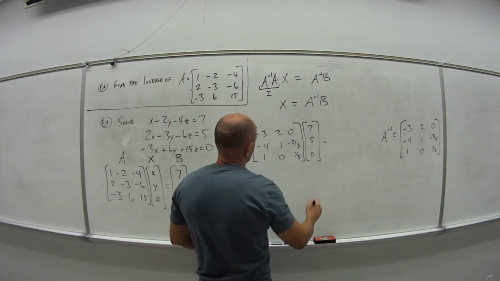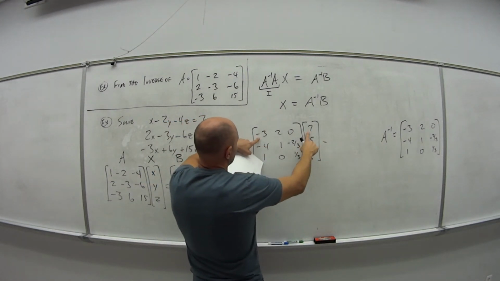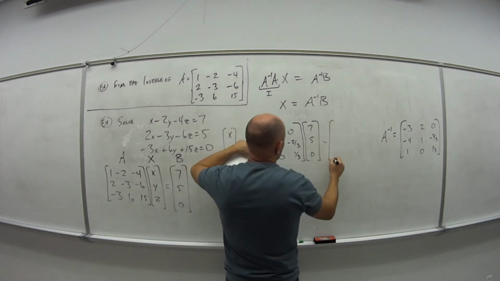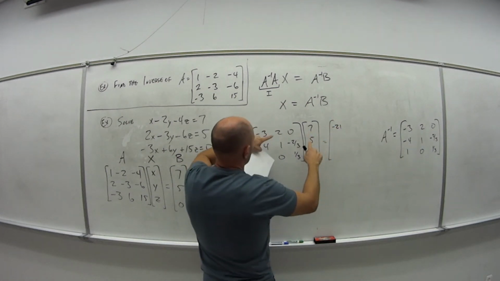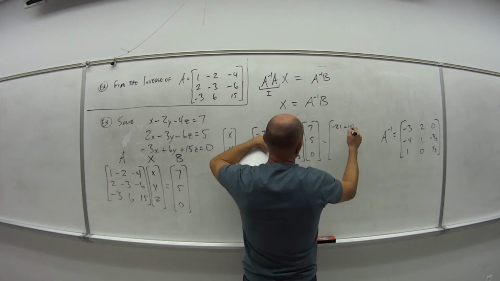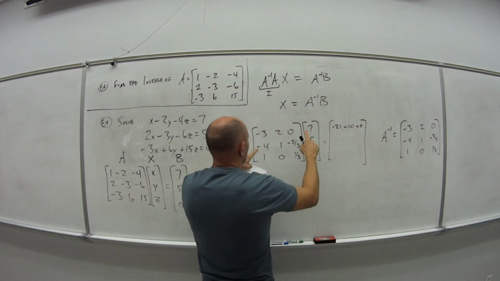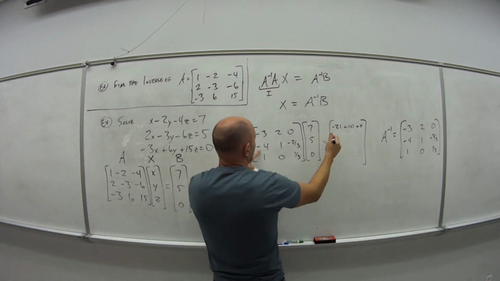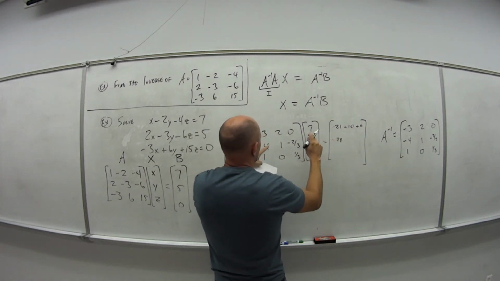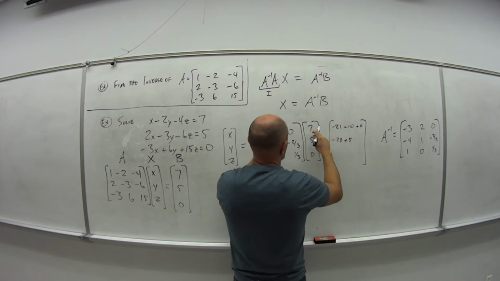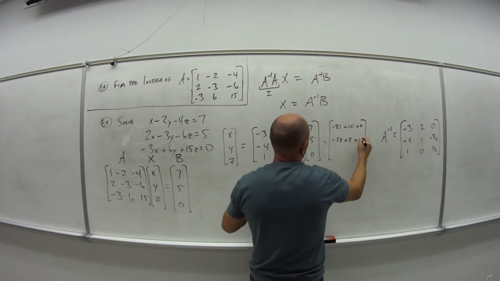So let's do that. Negative 3 times 7, negative 21. 2 times 5 is 10. 0 times 0, 0. Negative 4 times 7, negative 28. 1 times 5 is 5. Negative 2/3 times 0 is 0.